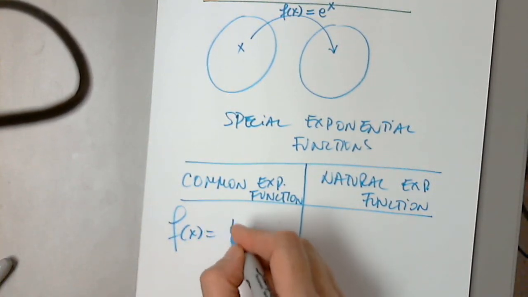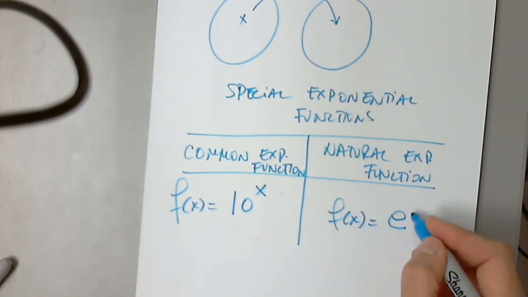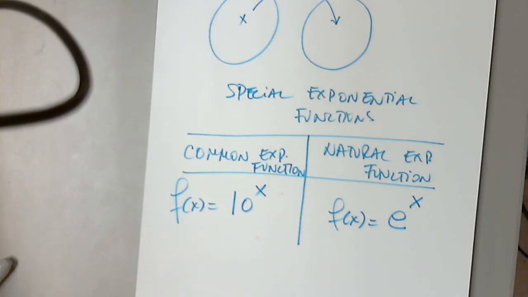This one has base 10, and this one has base e. They are so special that the calculator has two keys designated to them: the second key right here, 10 to the x, in blue or yellow depending on your version of the calculator, and this one with the second key, e to the x. Common log and exponential, natural log and exponential.